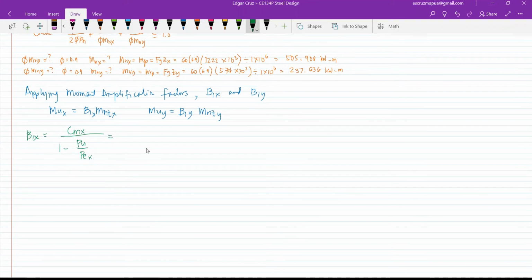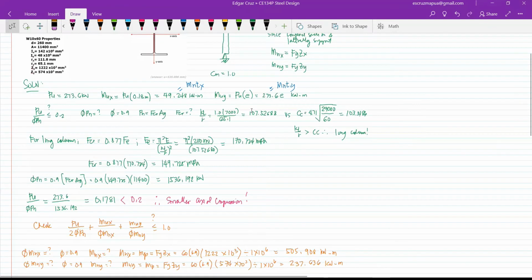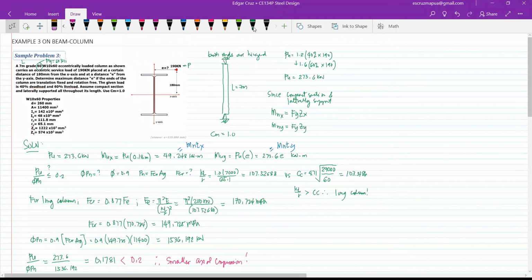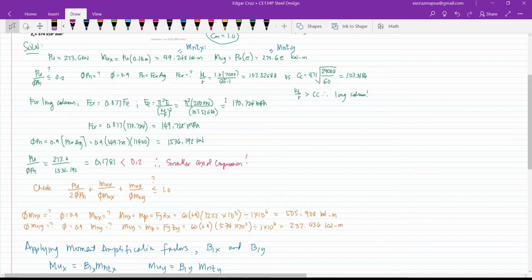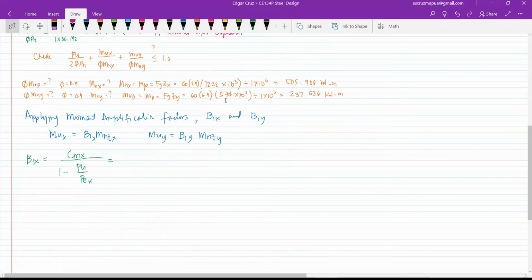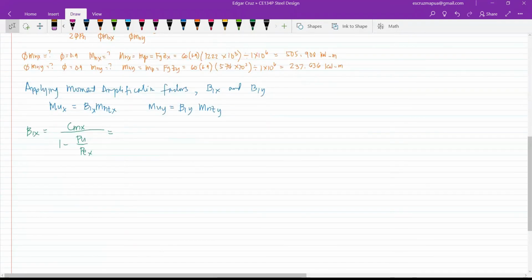Sinabi sa problem na ang CM is, ilan nga ba ulit? Ito, is equal to 1. Okay, so pagka CM is equal to 1 na sinabi sa problem, so ibig sabihin doon, it follows na it's both applicable for CMX at saka CMY.